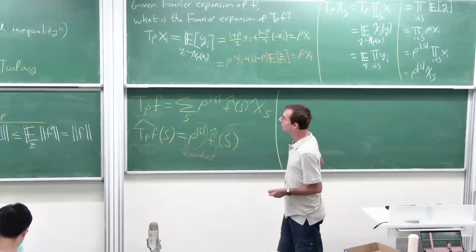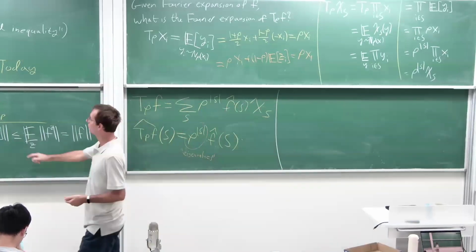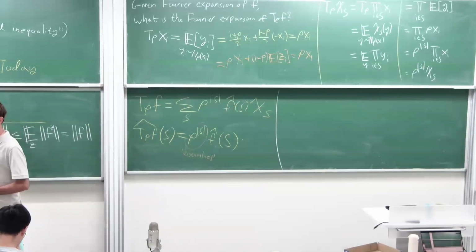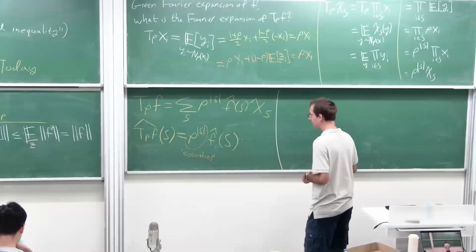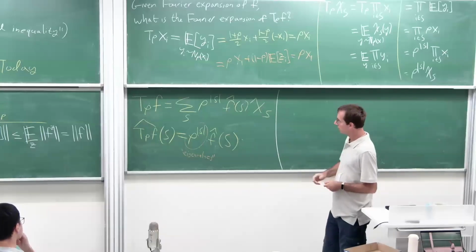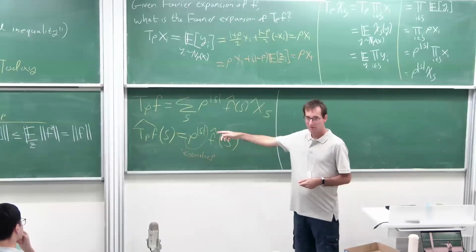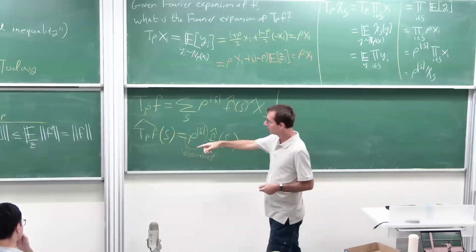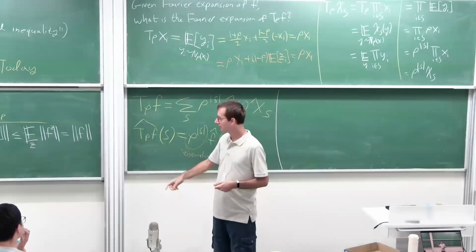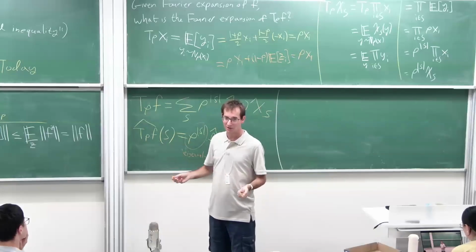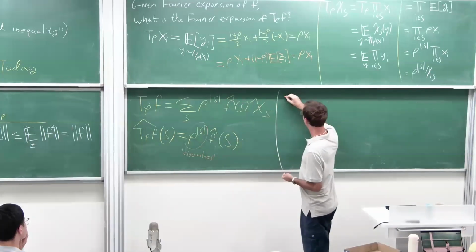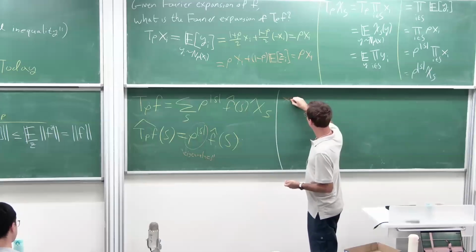Okay, so now finally we can prove this thing, and you will see the proof is not very hard. Now that we have this formula for T rho, first of all, you can see the semigroup property: T rho 1 T rho 2 is T rho 1 rho 2. This is the semigroup property.